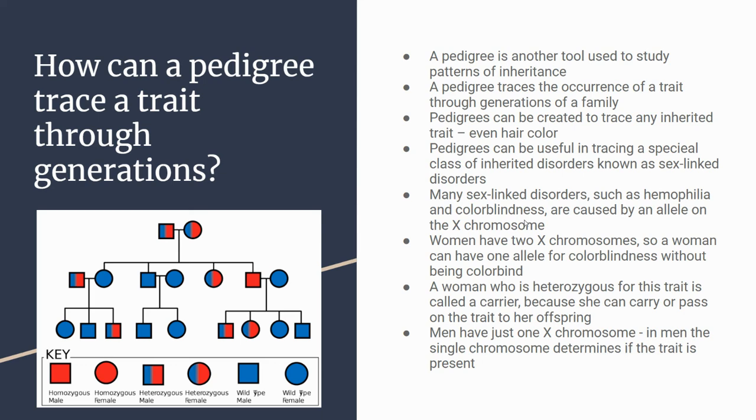Women have 2 X chromosomes, so we can only receive one X chromosome allele that could have color blindness on it.